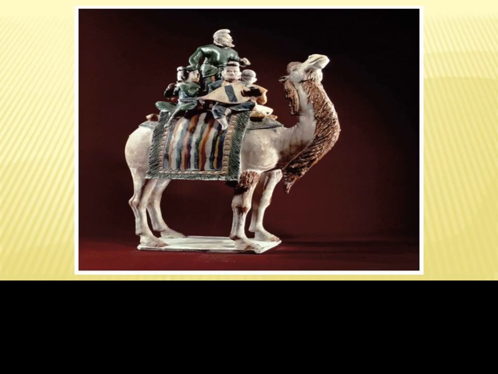His hairstyle, it might be hard for you to see, but it's this tilted bun, and it's the same as the man standing behind him in this dark green coat, if you can see that. There are 3 other figures on the other side of the camel, so you can see they surround the man that's standing.